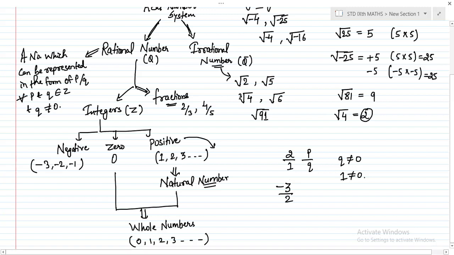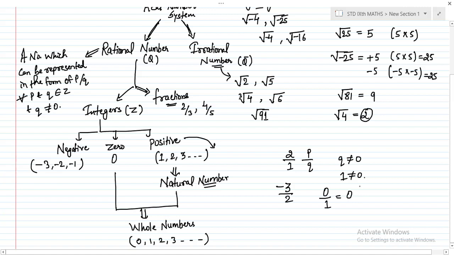Now there comes a question: is 0 a rational number? Yes, 0 is obviously a rational number because 0 can be written as 0 upon 1, which also gives 0. Since we are able to express 0 in the form of p upon q, we can call it a rational number.